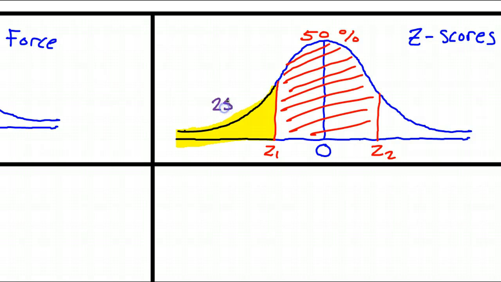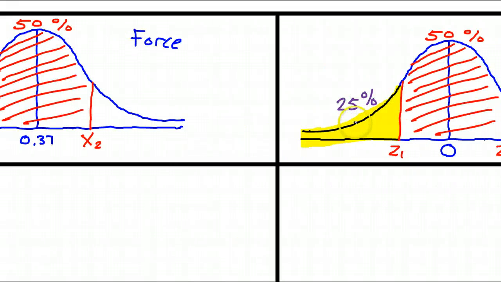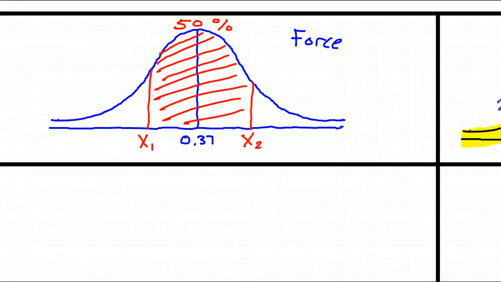So this will be 25% over here, and this will be 25% over here. So this graph breaks down as 25%, 50%, 25%. But if I want to find z-score number 1, I need to use the 25% because that's the part of the graph that's to the left of it. So let's use the 25% to find z1.